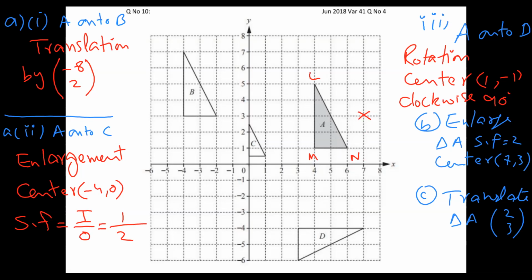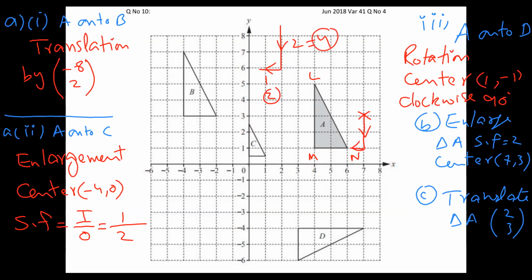It is 2 boxes downward and 1 box leftward. I repeat, I'm doing on the top, 2 downwards and 1 leftwards. So 2 times: multiply here, you get 4. Multiply here, you get 2.